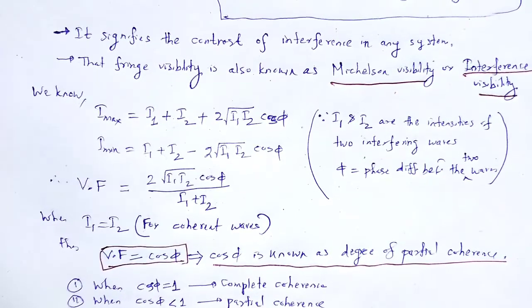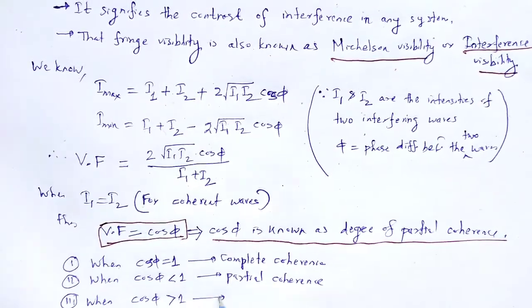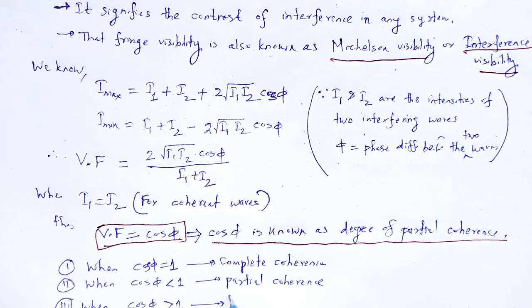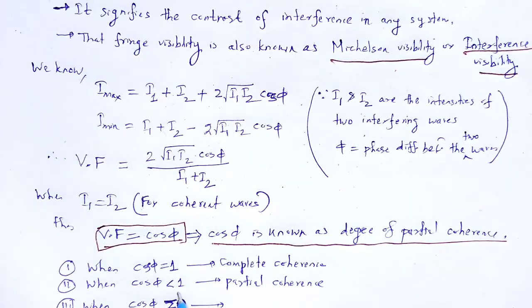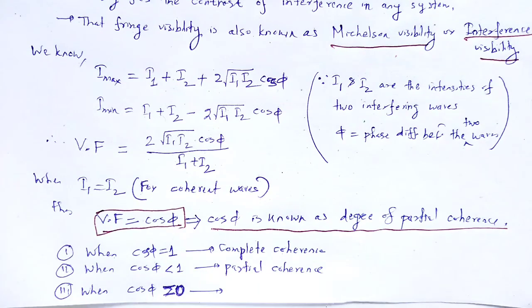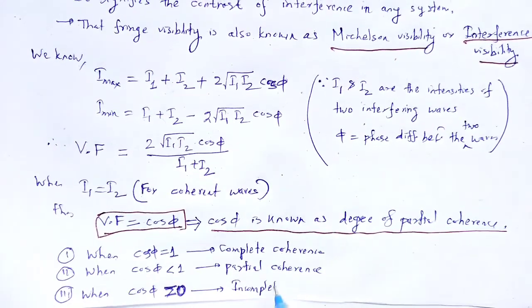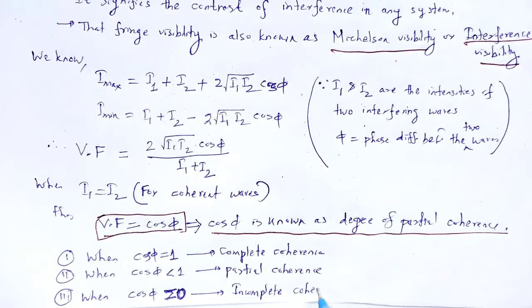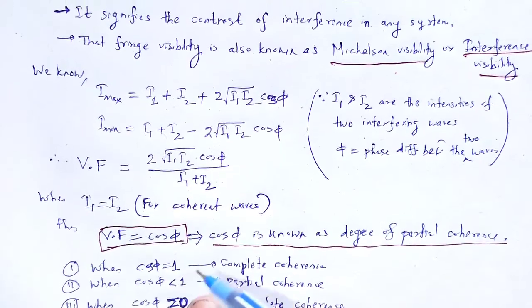Condition 3, when cos phi is equal to 0, that is complete incoherence. The maximum value is 1, so cos phi cannot be greater than 1. These are the possible scenarios for visibility of fringes.